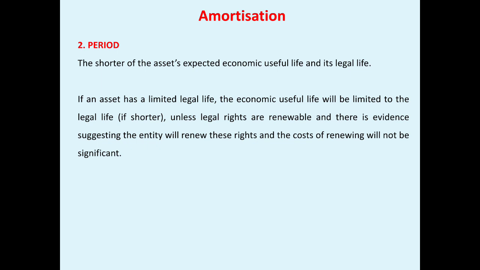So basically, if the asset right has a legal life less than that of its economic life, you pick that. But you won't pick the legal life if the legal rights are renewable and there's evidence suggesting the entity will renew these rights.